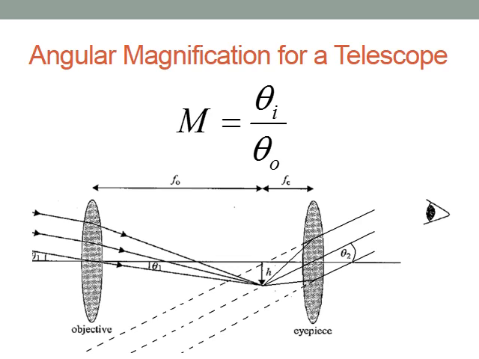Like I said earlier, we have an equation for telescopes, and we have two equations for magnifying glasses, but none for microscopes. Let's derive quickly the equation for angular magnification for a telescope in normal adjustment. So again, angular magnification is theta I over theta O. We can see from our diagram, this over here is the angle the object subtends with our vision.